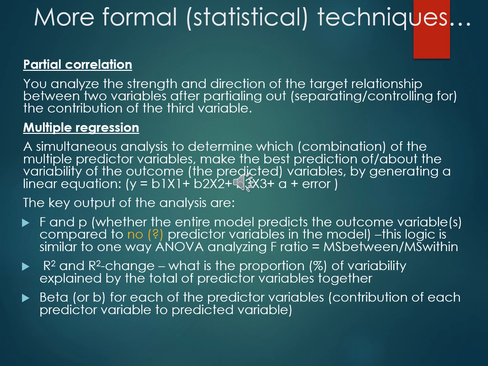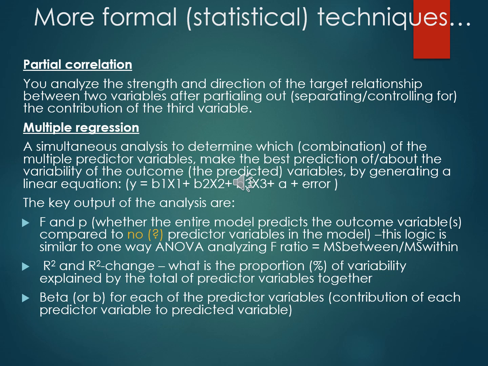So the operation I demonstrated in the previous slide through the diagram is a kind of informal analysis. The more formal analysis of a similar operation, using SPSS or other kinds of statistical package or software, actually has two different kinds that you can select. One is a partial correlation.